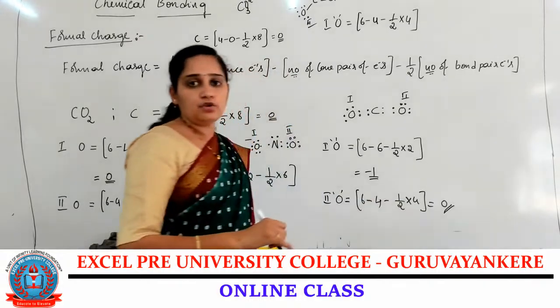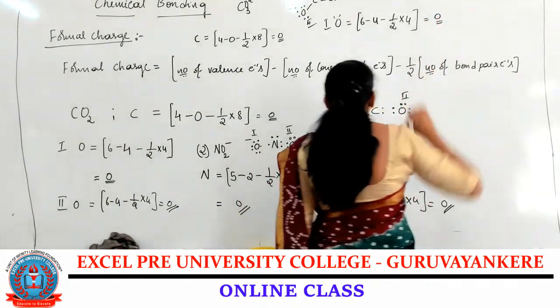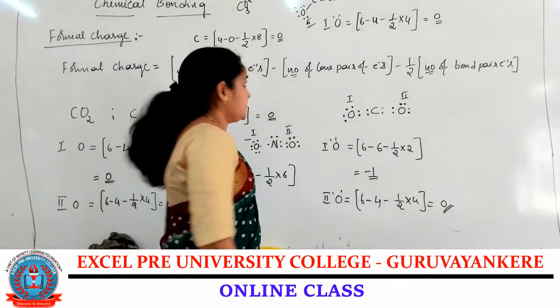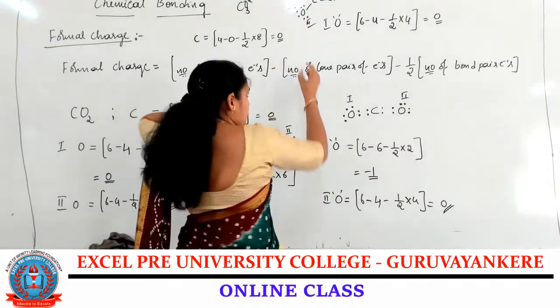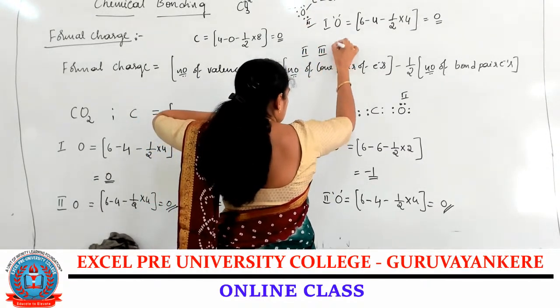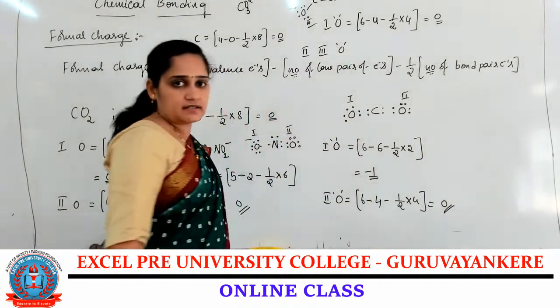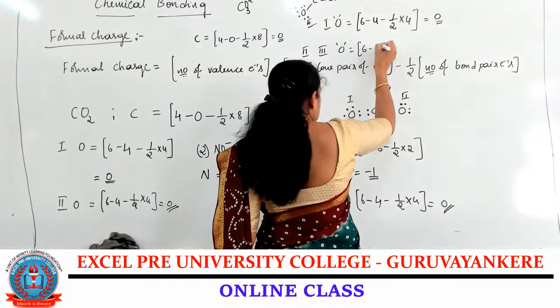So half into 4 is equal to 0. That is for the first oxygen atom. Next, the second and the third are one and the same, isn't it? So let us calculate with the same procedure for the second and the third oxygen atom.